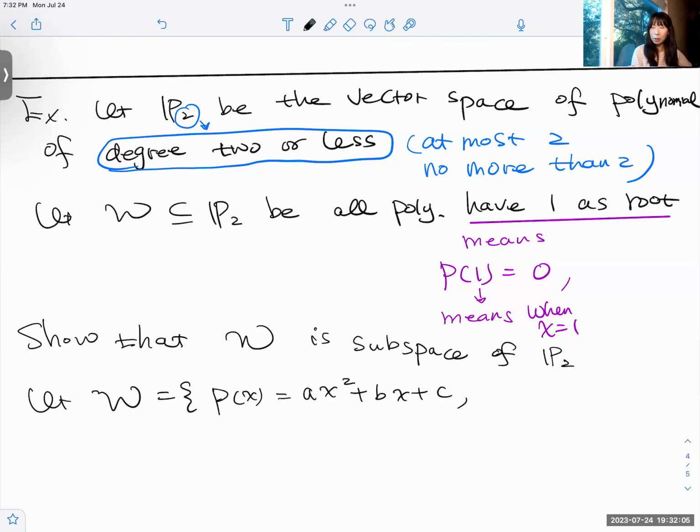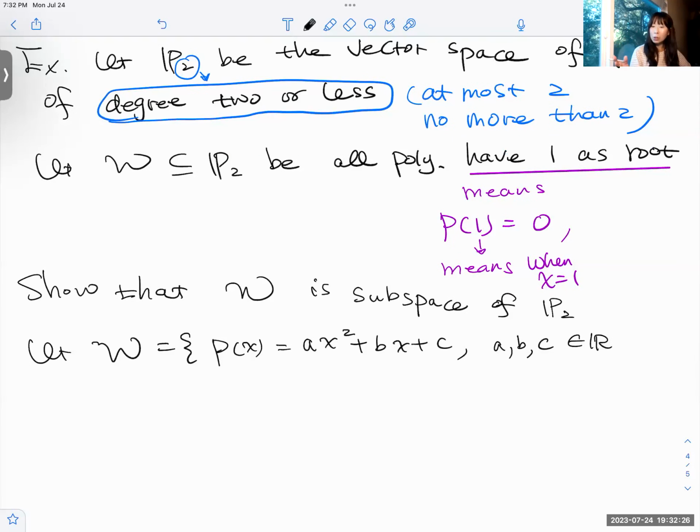It's okay if a is 0, then we have a linear, because it's at most degree 2. And a, b, c are real numbers.